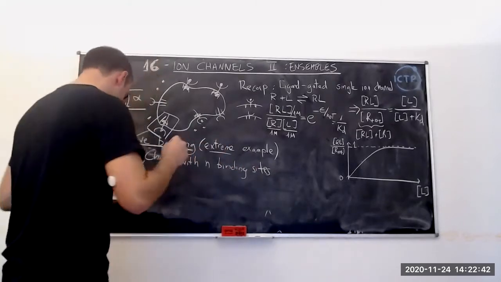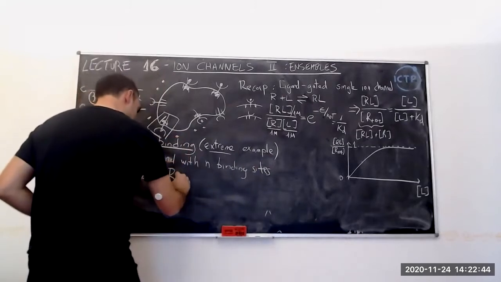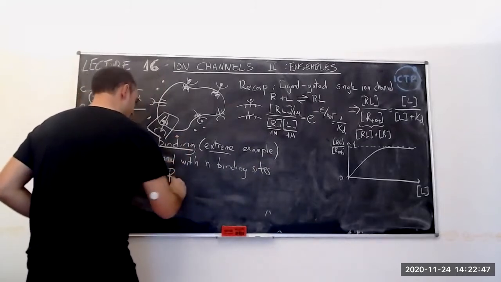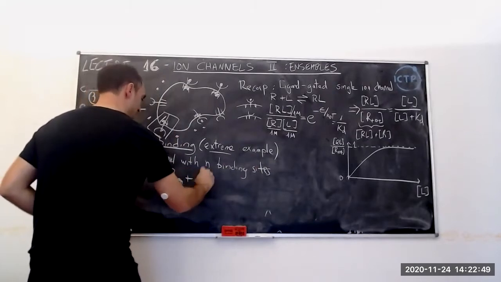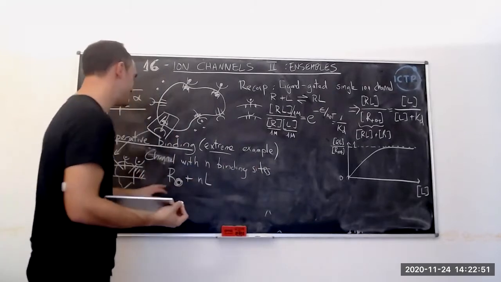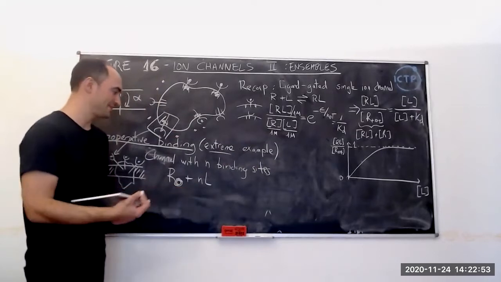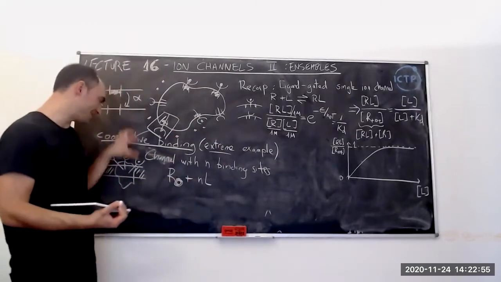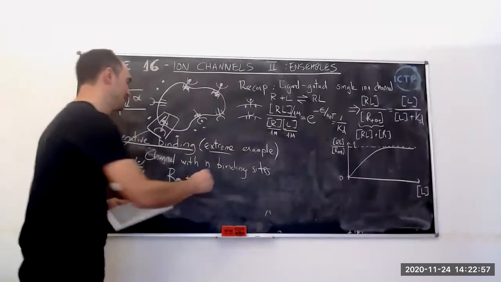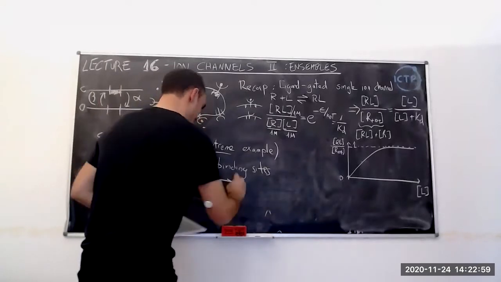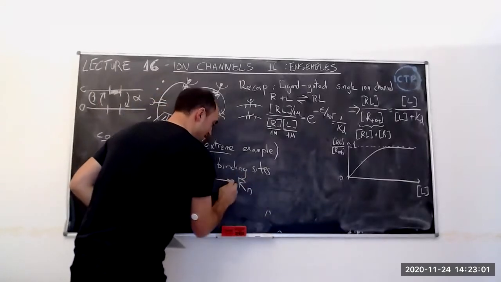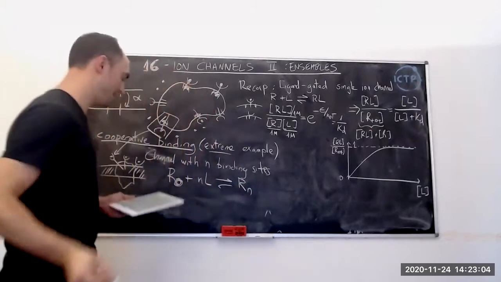So the reaction is something like this: R0 plus nL. R0 means all the receptors are free. And these are n ligands that come and bind. This becomes Rn, all the receptors occupied. And this is a reversible reaction.